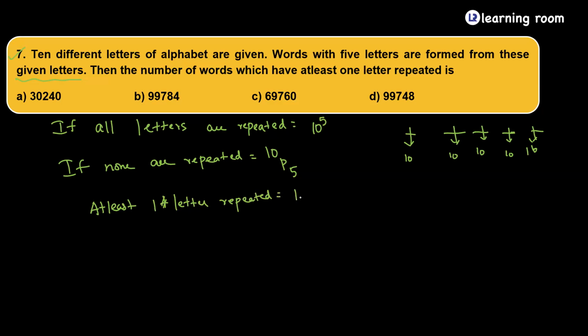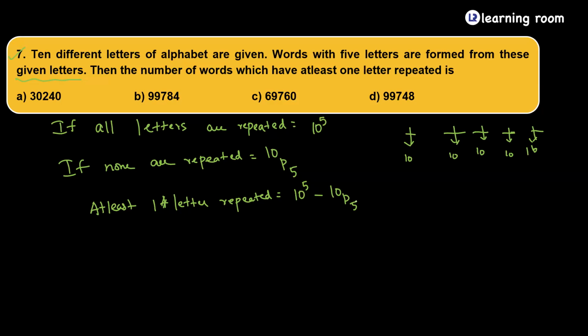It should be all of them repeated minus none of them repeated. Did you understand this? This is one way of solving. It will be 10 power 5 minus 10P5. Clear with this?